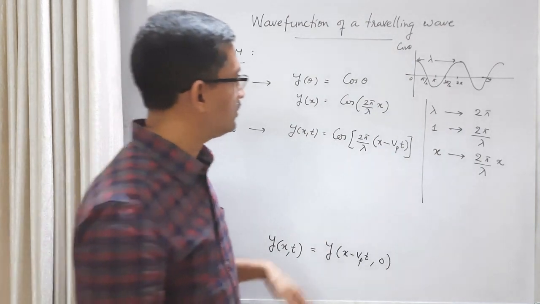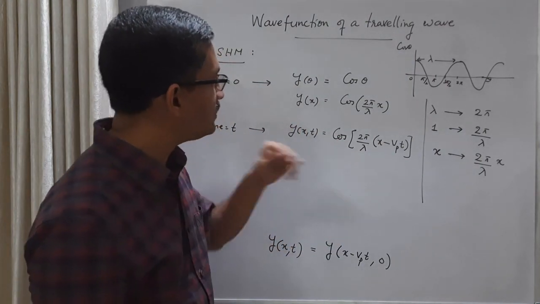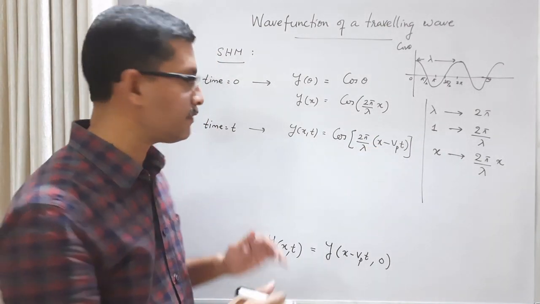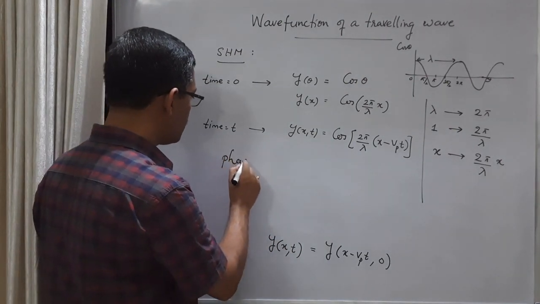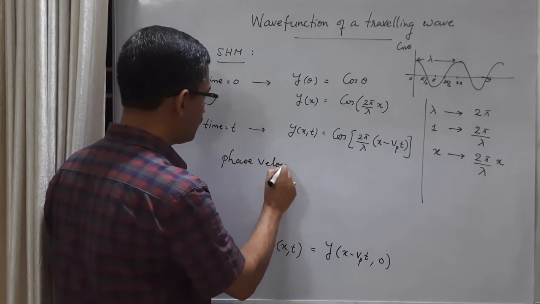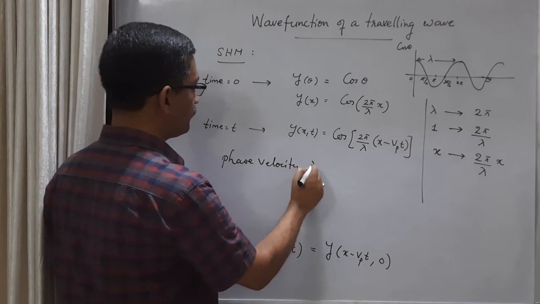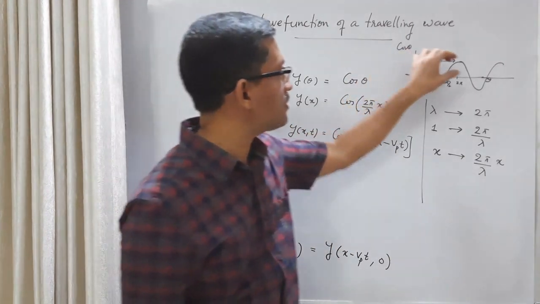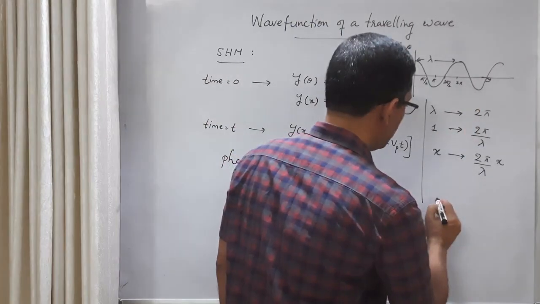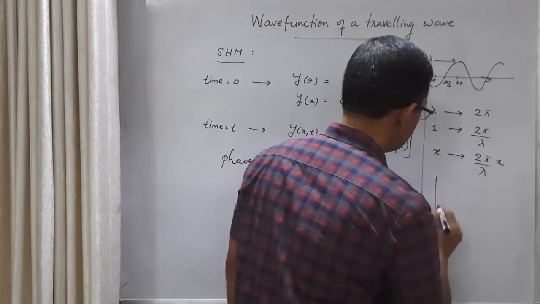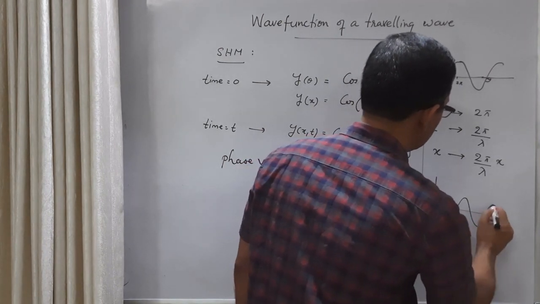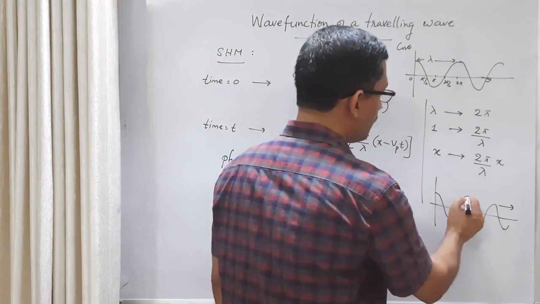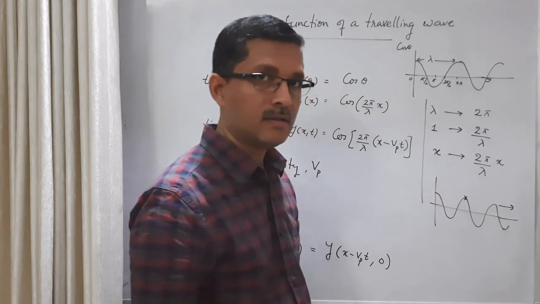So let us look at this some more. What is this Vp now? I have used the term phase velocity. Phase velocity means, if this wave is advancing, consider any one point on the phase, maybe a crest.